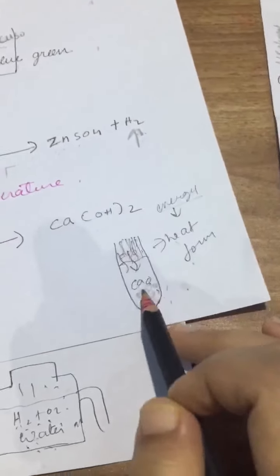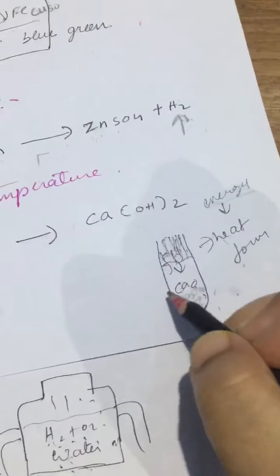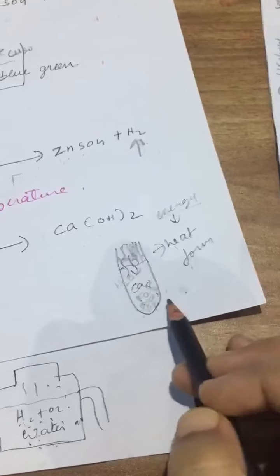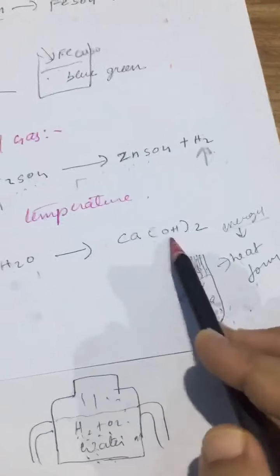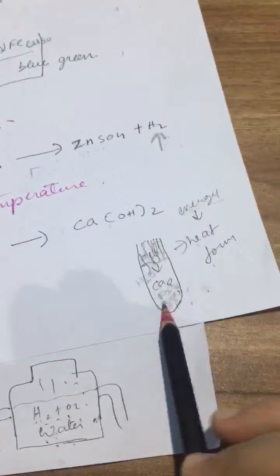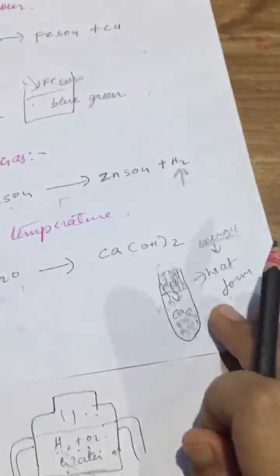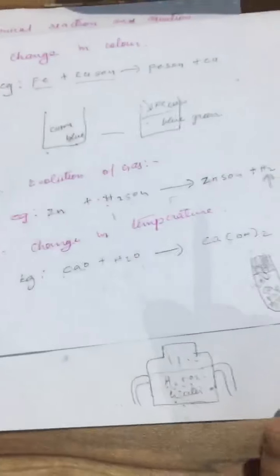But when we react it with water, it becomes calcium hydroxide, and lots of energy is released in the form of heat. So after the reaction, when we try to touch this test tube, it is very hot. So we can see the change in temperature.